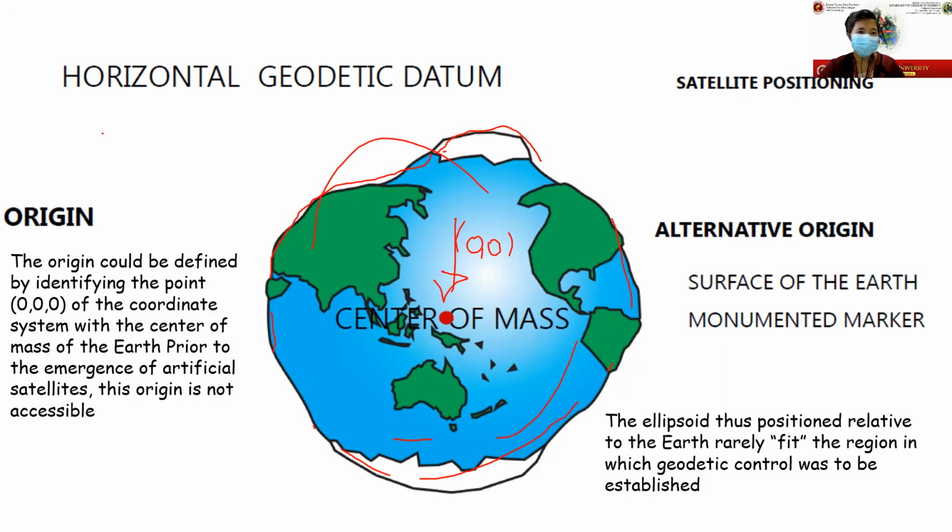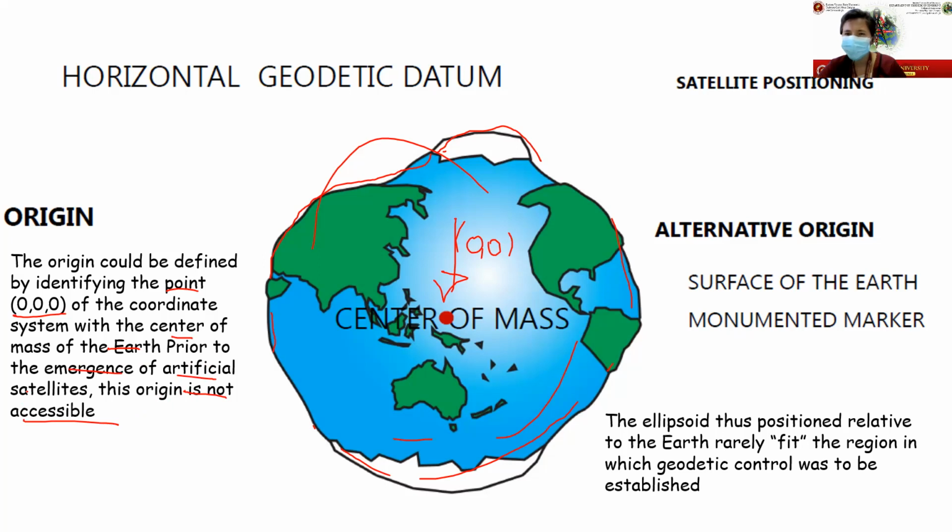So the origin can be defined by identifying the point at 0, 0, 0. We say 0 longitude, 0 latitude, and 0 height or 0 elevation, since it is at the center of the Earth. With the center of the mass of the Earth, prior to the emergence of artificial satellites, this origin is not accessible.